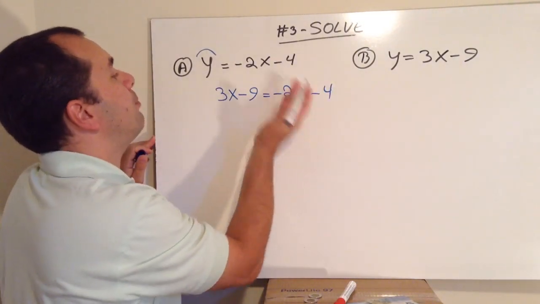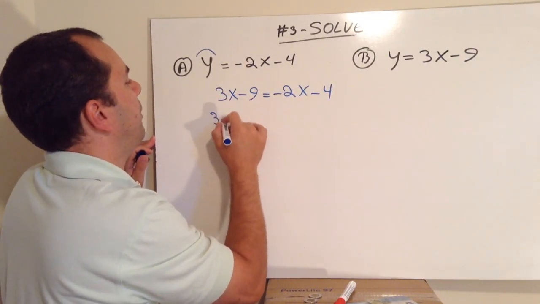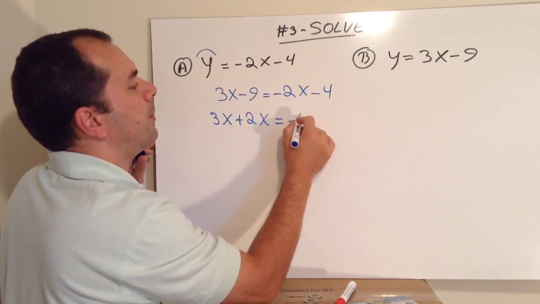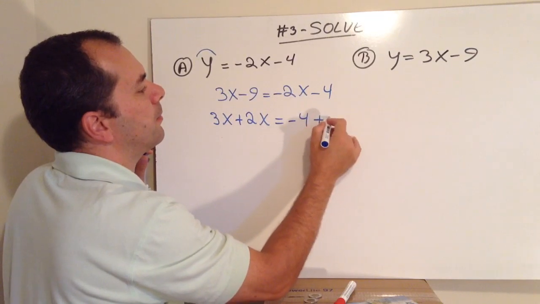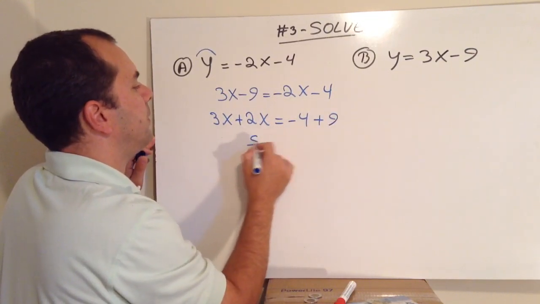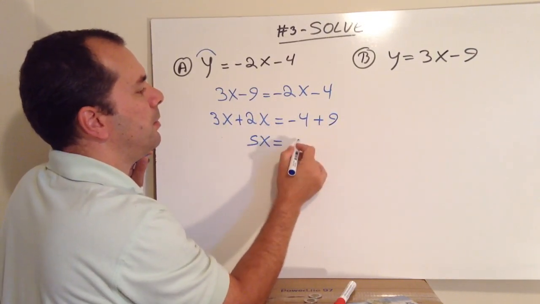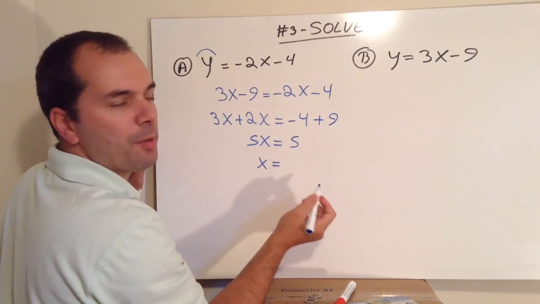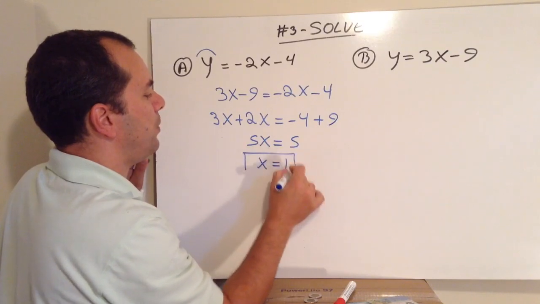And now I will bring the x over to this side: 3x plus 2x, and minus 4 plus 9. That's 5x is equal to 5. We're going to skip one little step, divide both sides by 5, and x is equal to 1.